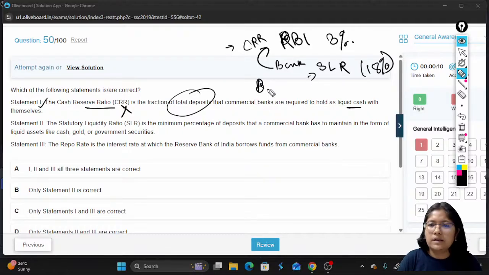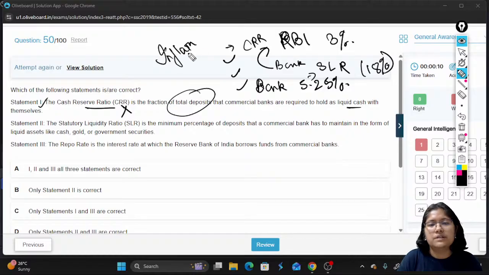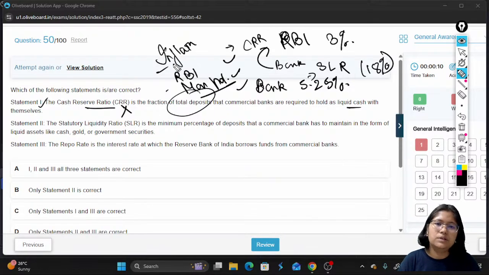CRR, SLR, and bank rate, which is at 5.25%, are the most important tools, including others as well, for controlling inflation, etc., by RBI in the monetary policy. I think everybody who has gone through the classes, and the economy series is currently going on, you are very much understanding and clear with what I just said, right?